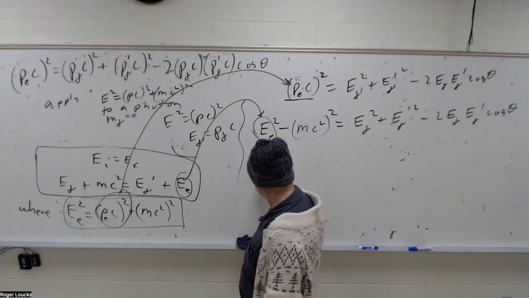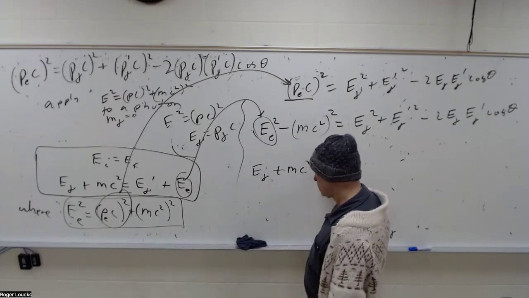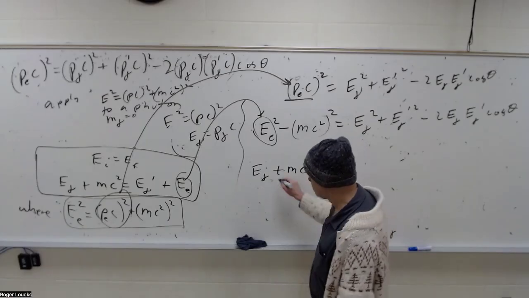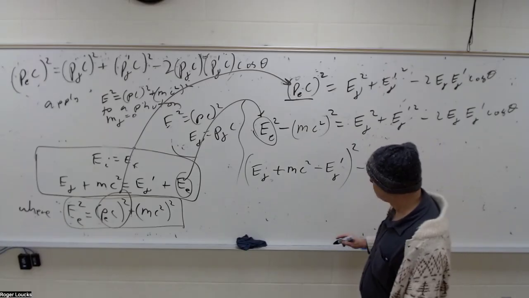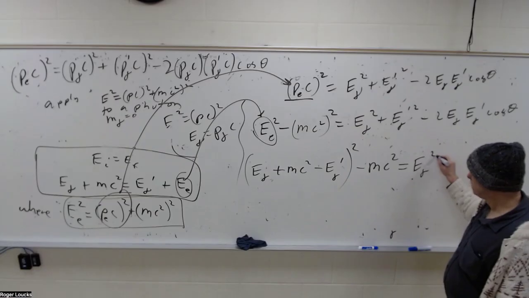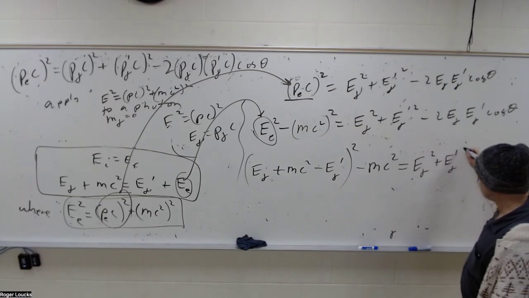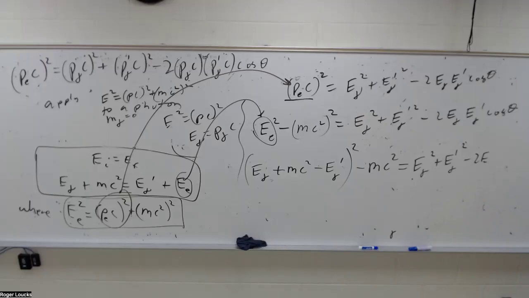This gives me E gamma plus m c squared minus E gamma prime, squared, minus m c squared squared, equals E gamma squared plus E gamma prime squared minus 2 E gamma E gamma prime cosine theta. E gamma prime goes out there. Yeah, we're good.